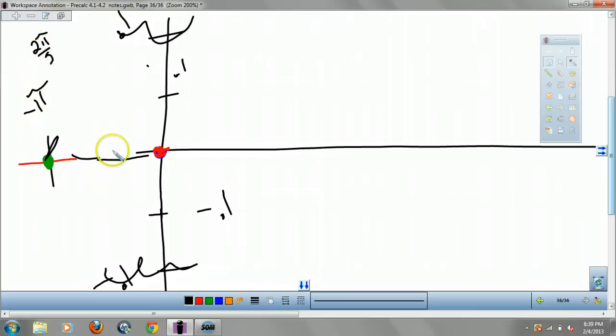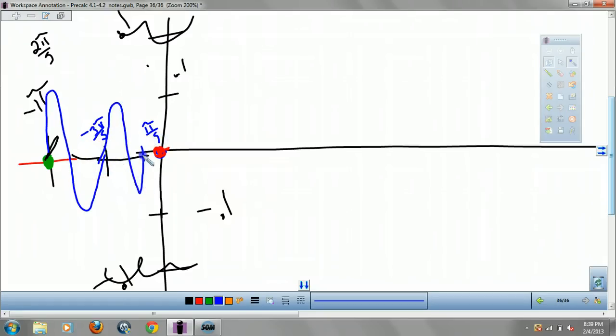So I add these together, and I get negative 3 pi over 5. Means I go up, down. There we go. Add again. We get negative pi over 5. Up, down, around. Add it again. 2 pi over 5. So we end up over here at pi over 5.